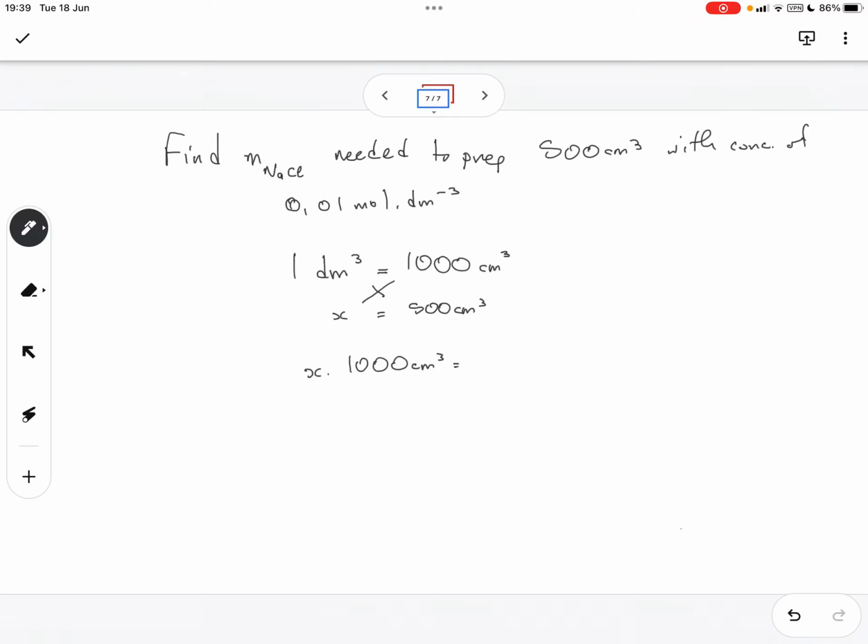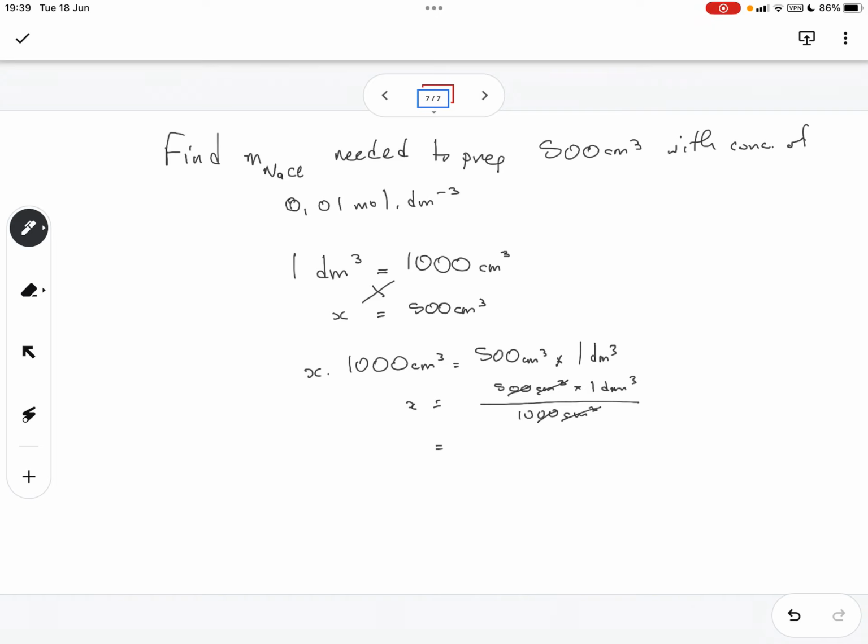So if we have 500 cubic centimeters, we multiply that by 1 cubic decimeter, and that gives us 500 cubic centimeters times 1 decimeter divided by 1,000 cubic centimeters.